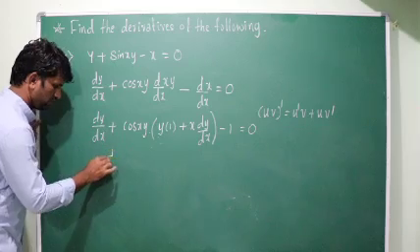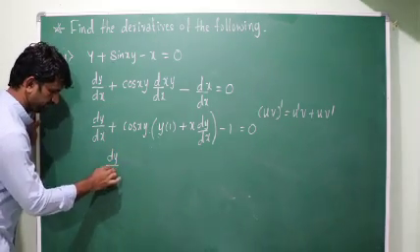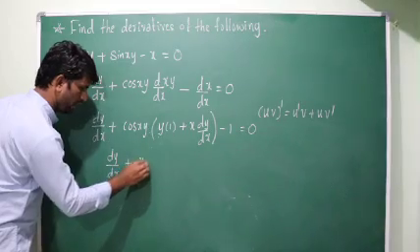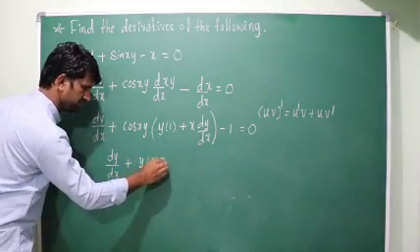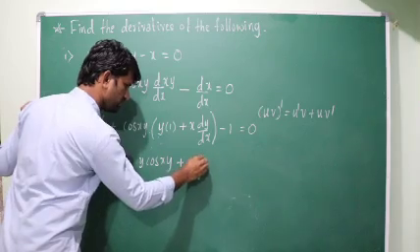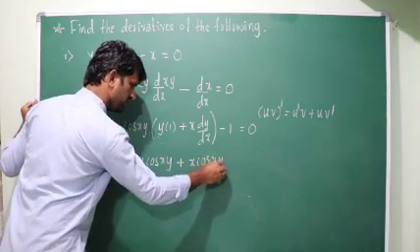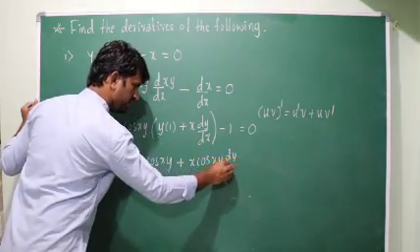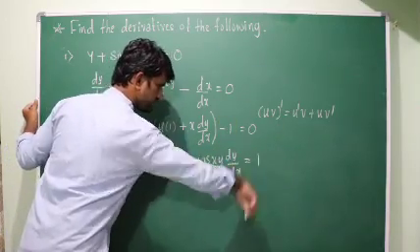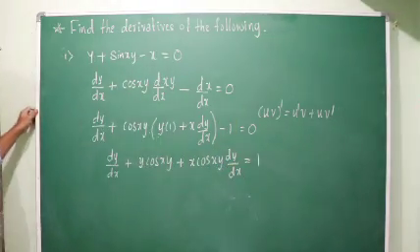Okay, now dy by dx plus, if you multiply y into cos xy plus x cos xy dy by dx is equal to, this minus 1 goes to that side, it becomes plus 1.